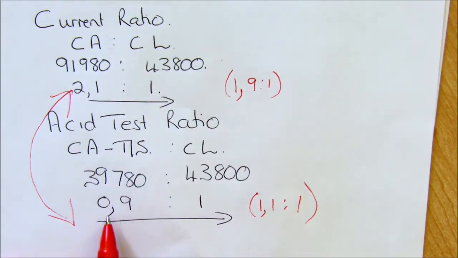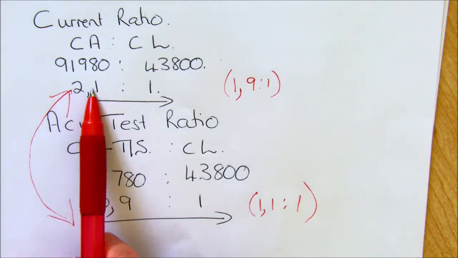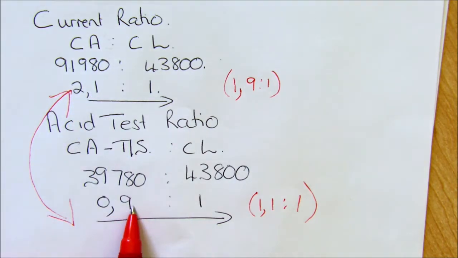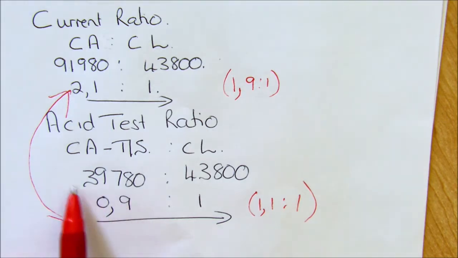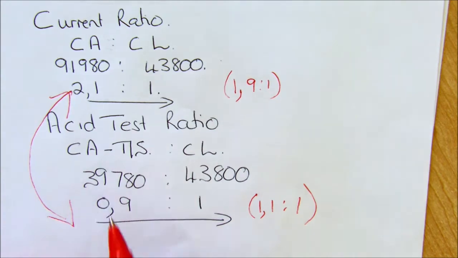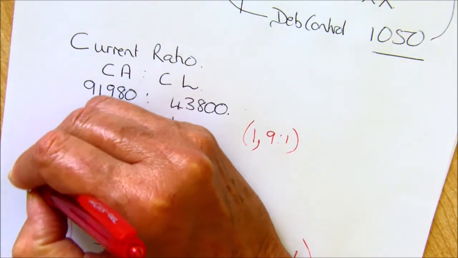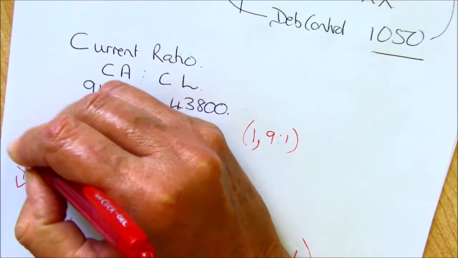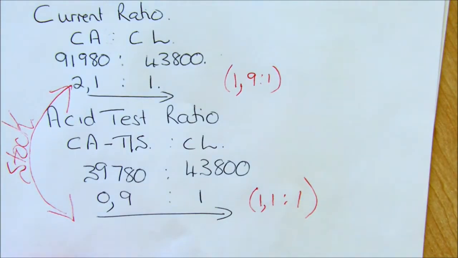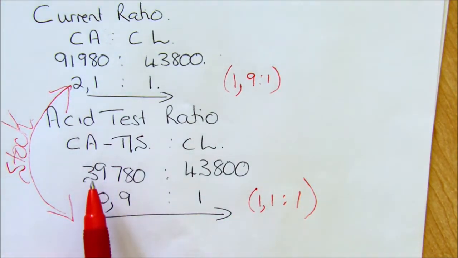Without stock, we're a bit below. And so this business, the difference between 2,1 and 0,9, which is 1,2 of this, is sitting in stock. So stock seems to be quite a big part of the assets here. And maybe they could be holding too much stock.